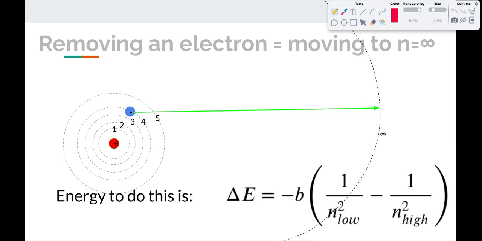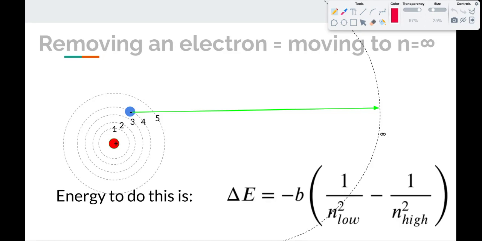When you move from orbit to orbit, remember that the change in the electron's energy is minus b times 1 over n low squared minus 1 over n high squared. But what's n high? In this case, n high is actually infinity.